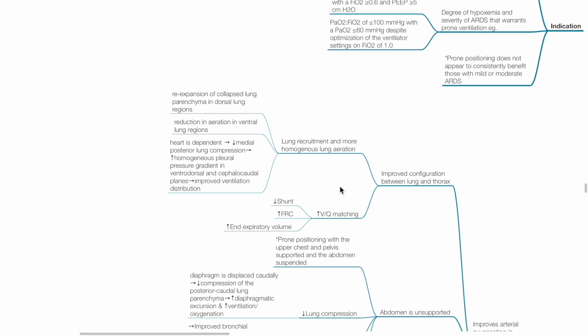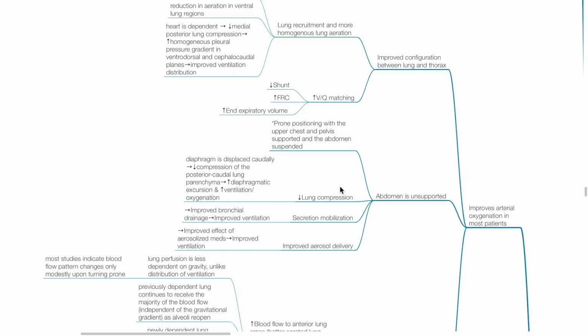The heart being dependent results in reduced medial posterior lung compression. This increases homogeneous pleural pressure gradient in the ventral dorsal and cephalocaudal planes, resulting in improved ventilation distribution. There is increased VQ matching, resulting in reduced shunt, increased FRC, and increased end expiratory volume.